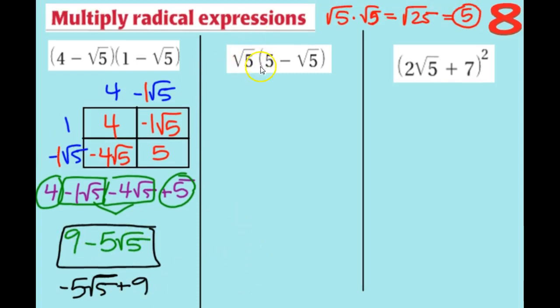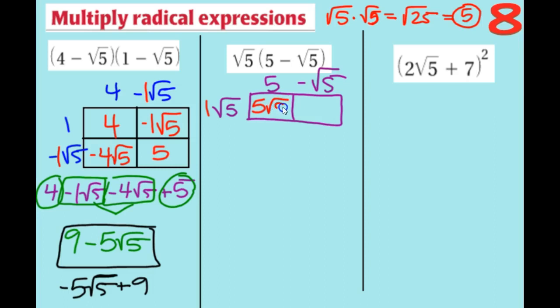Next, we're still multiplying, but this box is just 2 by 1, because we have the square root of 5 times 5 minus the square root of 5. Lots of 5's. So this is really 1 square root of 5, so 1 times 5 is 5. Square root of 5 is still just square root of 5. And then 1 times negative 1 is negative 1. And then square root of 5 times square root of 5, we just did that up here, it's 5.